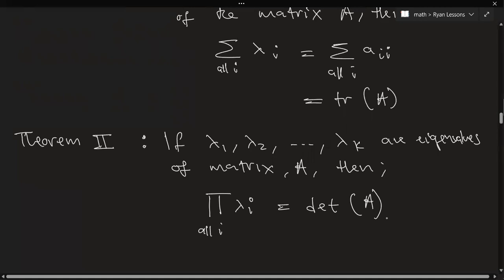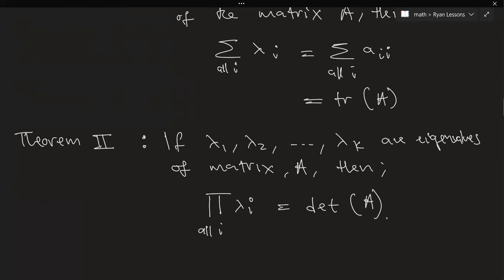The product of all eigenvalues actually gives you the determinant of a matrix.